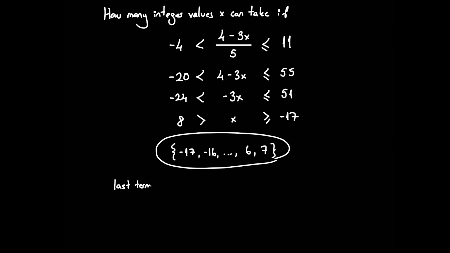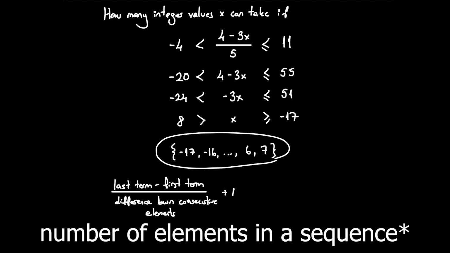Last term minus first term over the difference between consecutive elements plus 1 gives us the number of elements in a set.